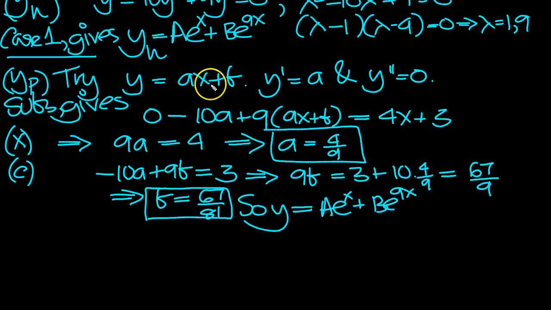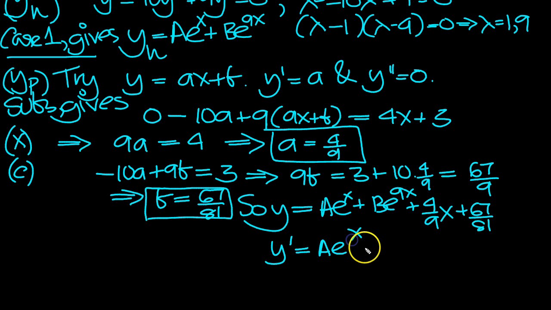Here's yp here: ax plus b, lowercase a. a is 4/9, plus b, which was 67 over 81. So while we've got y, we might as well get y dashed, put it alongside it. This will differentiate to A e to the x. The 9 comes down, 9B e to the 9x. The 4/9 x just differentiates to 4/9, and the constant goes to nothing.